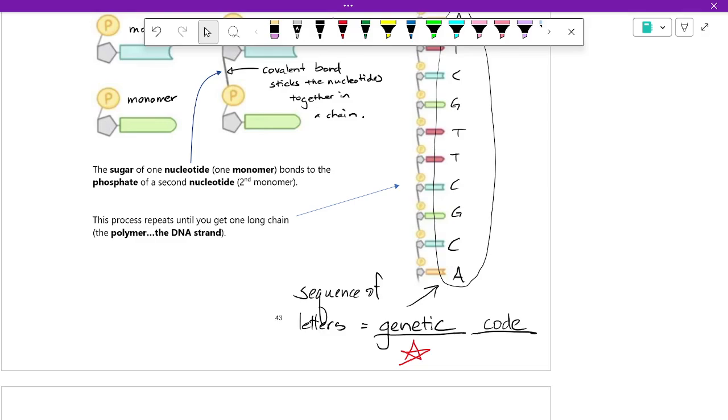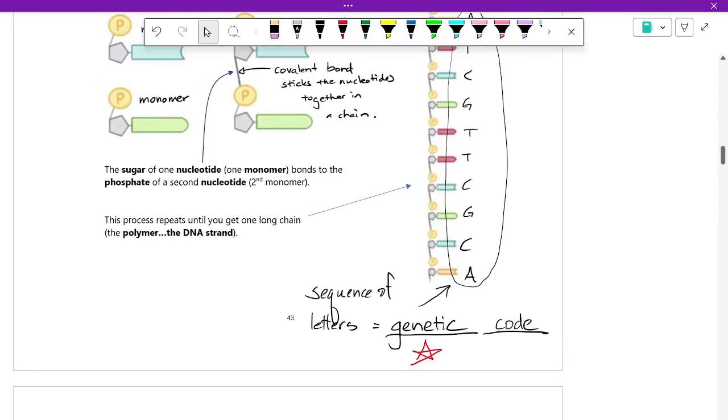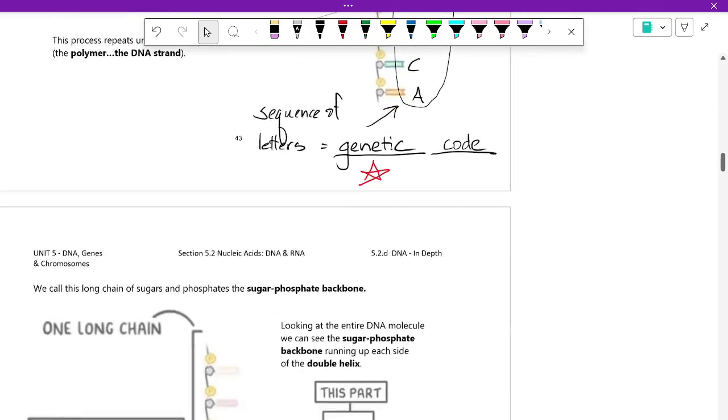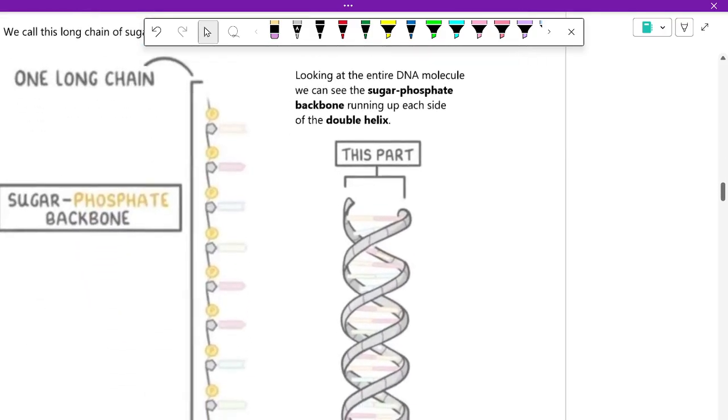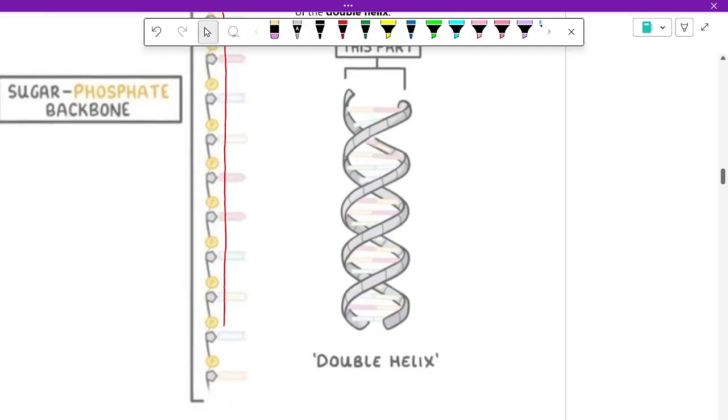Yes? So just like your spine is your backbone, the side of the DNA molecule is known as the backbone. So this part here, the sugar phosphate, sugar phosphate, sugar phosphate, is called literally the sugar phosphate backbone.